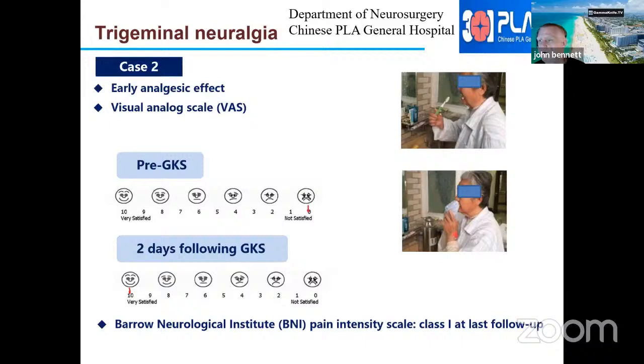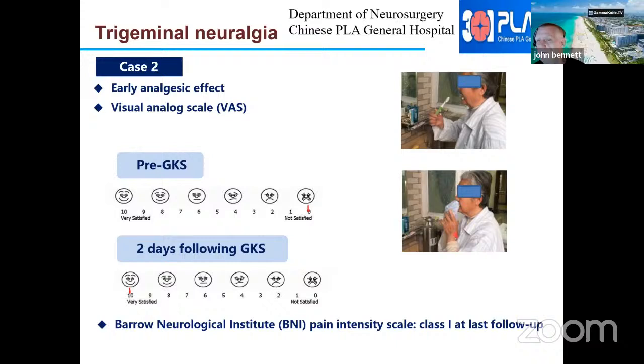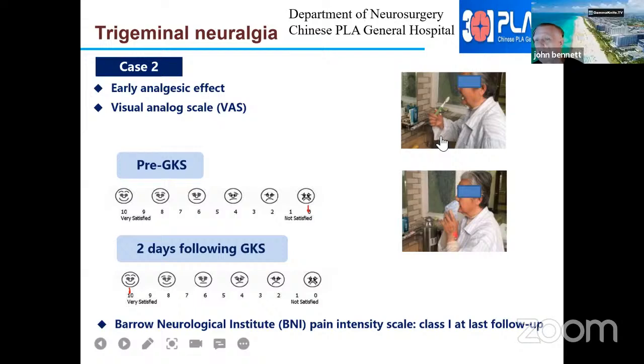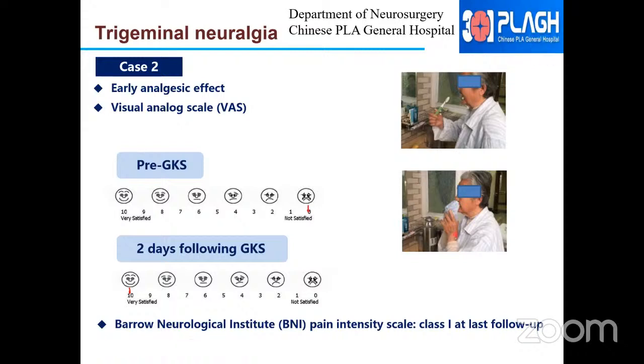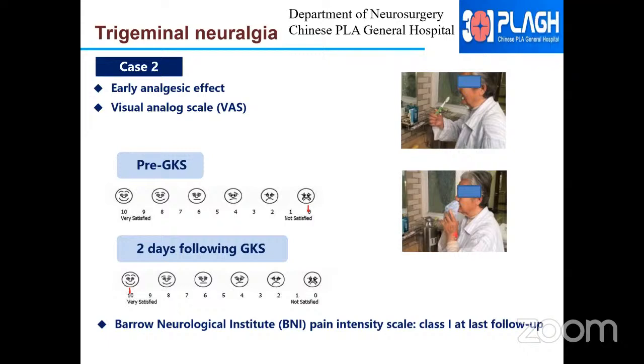Harshad, are you there? Yes, now we can hear you. John, whenever the treatment is given, the pain relief doesn't come instantly.